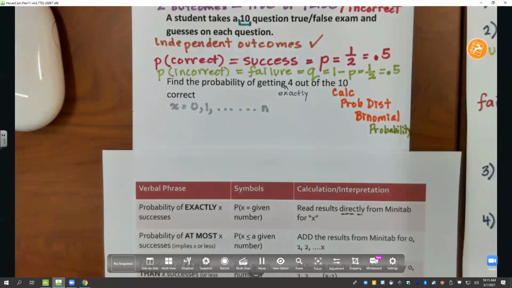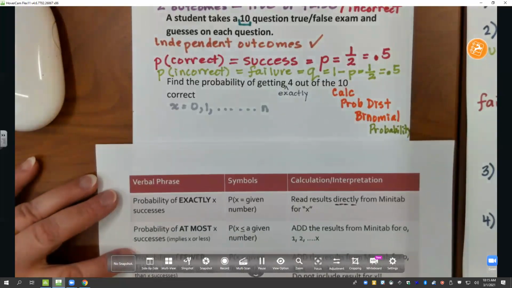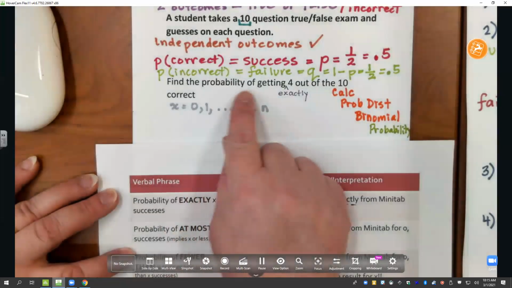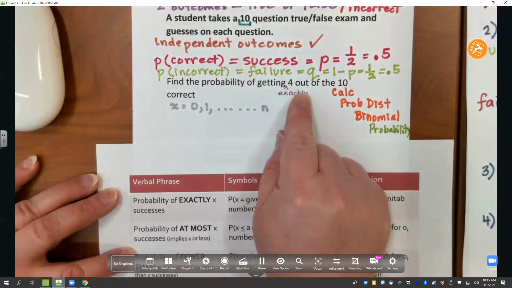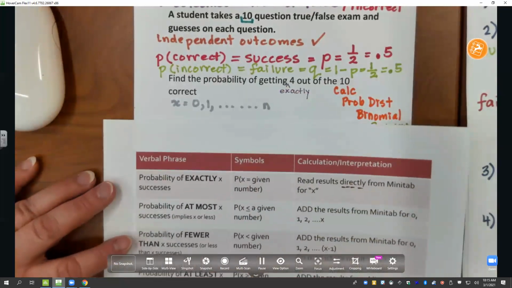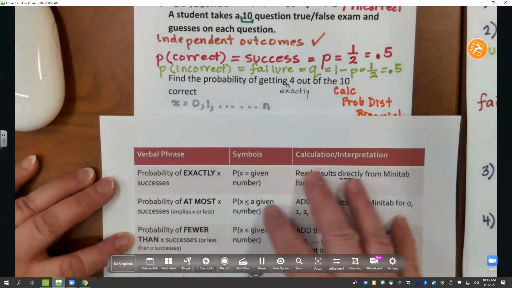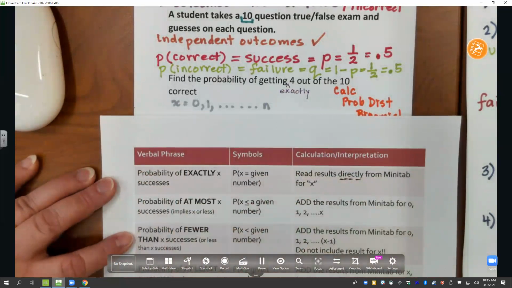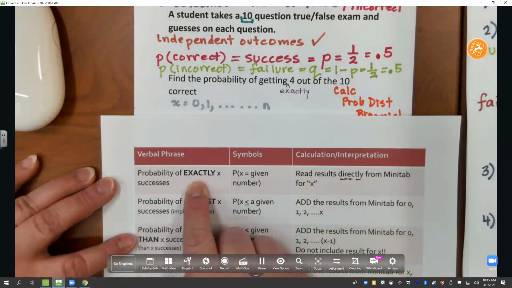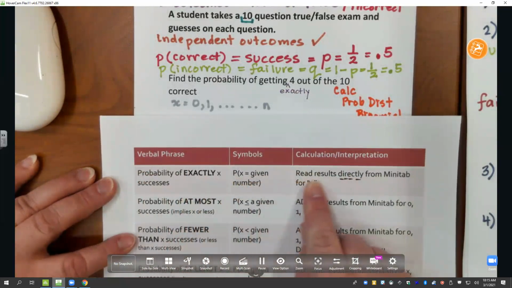The particular question that we're interested in at first says, find the probability of getting exactly 4 out of 10. So I'm going to look at my table that I've been told to put on my note sheet and look for the phrase exactly. Okay, it's the very first one. Then I'm going to scroll over to how I'm supposed to calculate or interpret that.